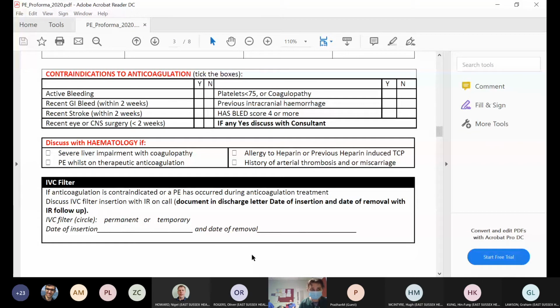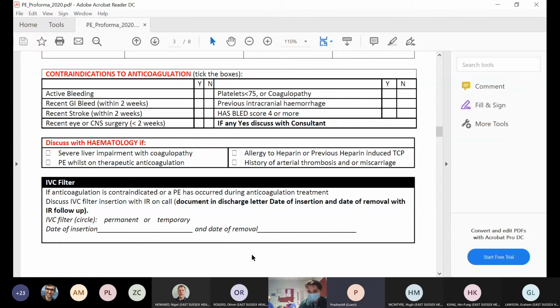IVC filters are indicated if you cannot anticoagulate the patient, they had recent bleeding, such as subarachnoid haemorrhage or GI bleed, or they are on maximum top-notch anticoagulation, warfarin with INR 3 to 4, and they still have VTE. Then you have to think about an IVC filter.